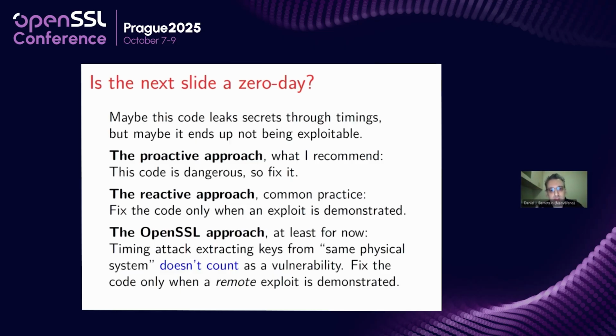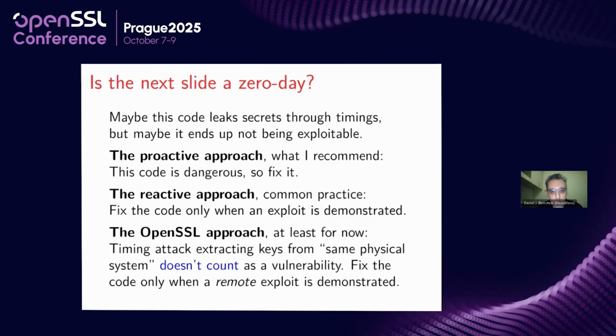And then, because you want to get rid of noise in timings when you're developing these timing attacks, you only carry out the attacks locally. You want to reduce noise and just have an easy, pure timing attack. If you carry out a timing attack remotely, there's more noise and you have to do more work to develop that attack. So many times people will demonstrate local timing attacks on the same system. And OpenSSL security policy says if you have an attack on the same system, that's not good enough for a CVE.